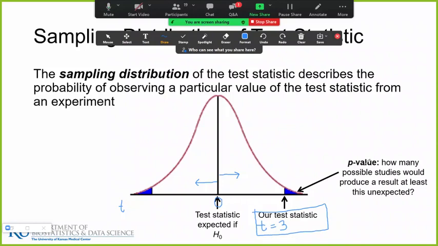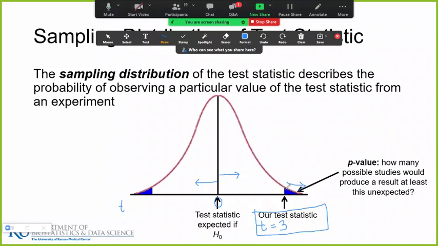So it's basically, what are the chances of observing a signal this large or something larger? That's why the p-value encompasses values of t that are further out in the tail than the one that we observe.